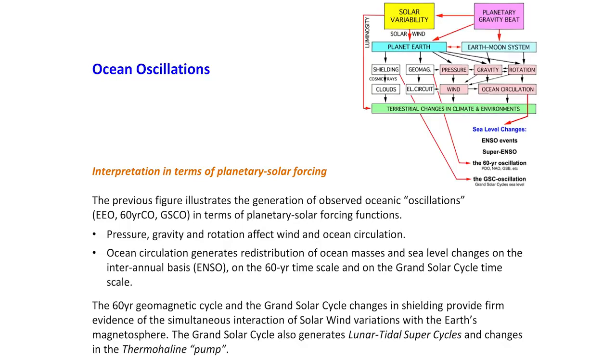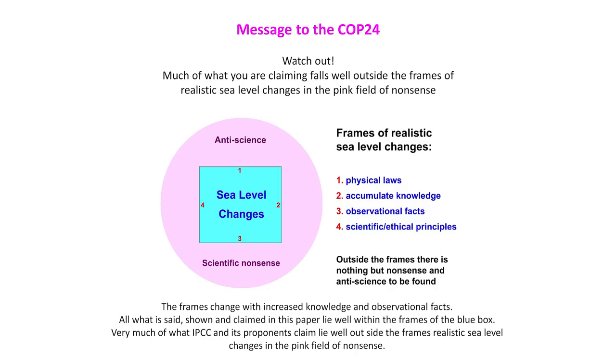Ground solar cycles also generate lunar tidal supercycles, changing the thermohaline pump, which is important, I think. But this is the system which operates. There is no place for CO2. We should have a big garbage pan somewhere where we put CO2. But it's nice for the flowers.